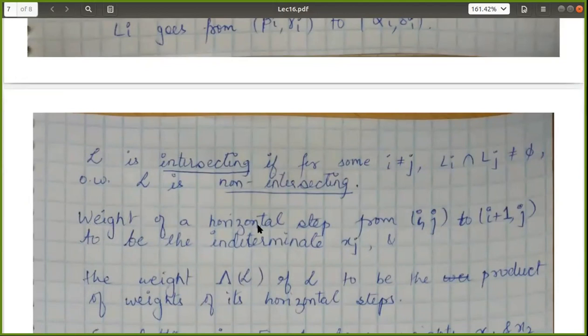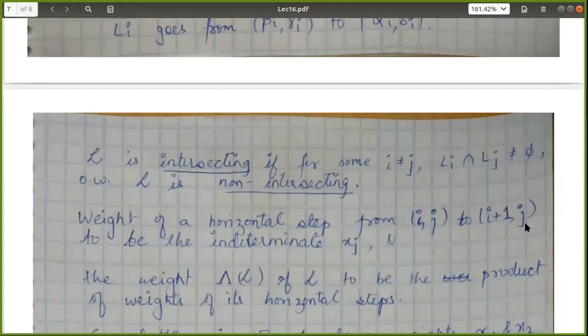Now, on the horizontal steps, we can put weight. How do we put the weight? When you go from the step (i, j) to (i+1, j), first of all, this should be clear that when you're taking a horizontal step, this is the only way you could have gone. You have to go right, so i has to shift to i+1 and j should not change.